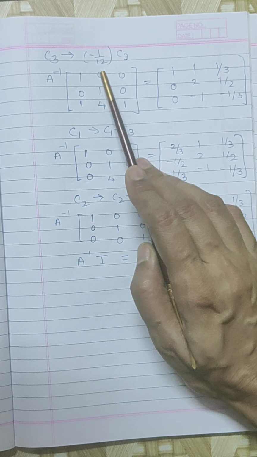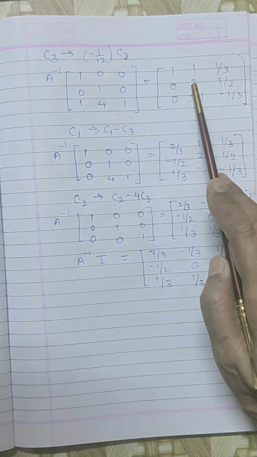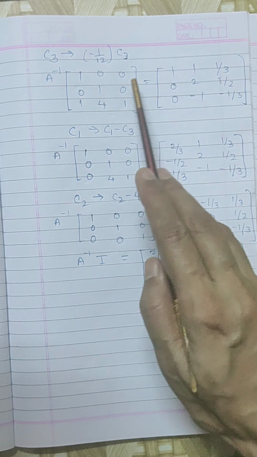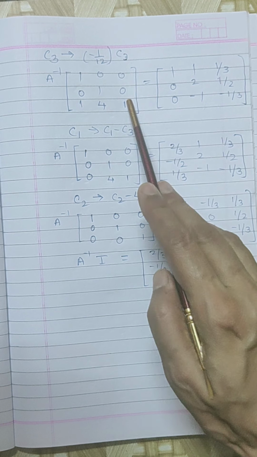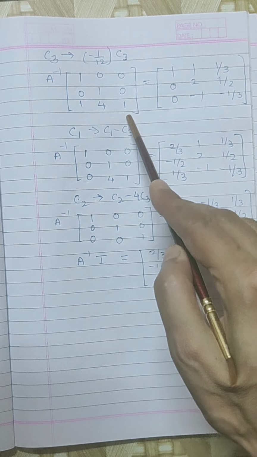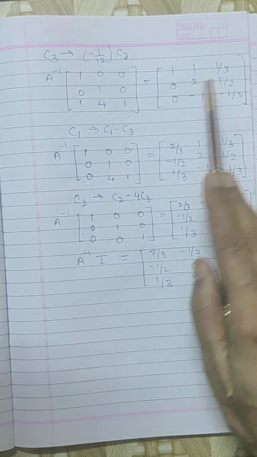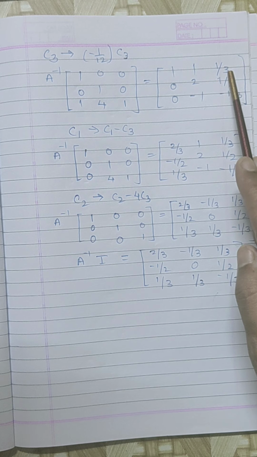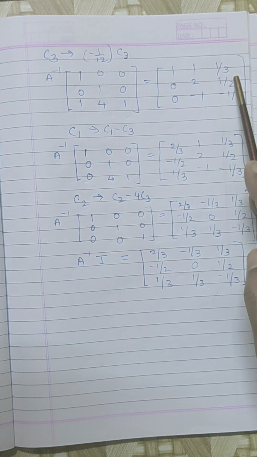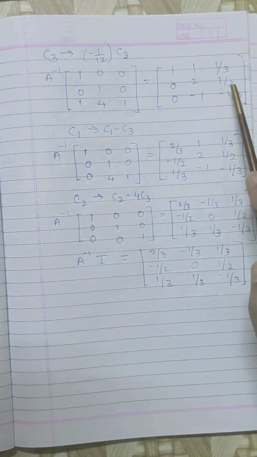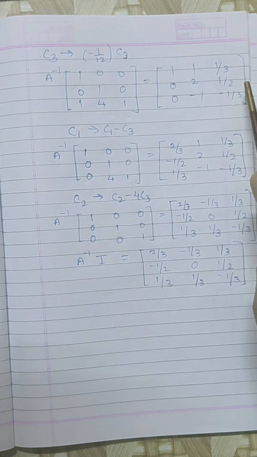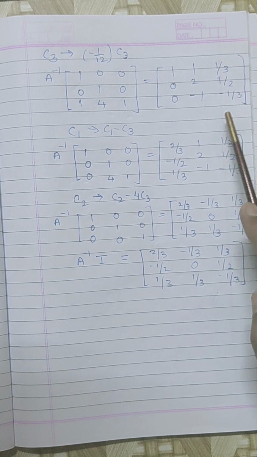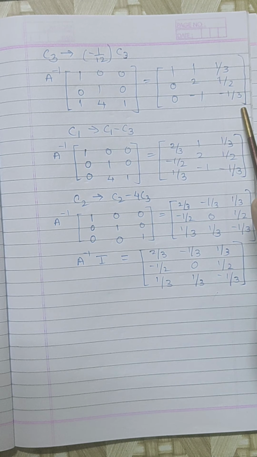So C1 and C2 as they are, and divide C3 by minus 12. So here no change, and here minus 12 upon minus 12 will be 1, and here minus 4 into minus 1 upon 12 is 1 upon 3, minus 6 into minus 1 upon 12 is half, and 4 into minus 1 upon 12 is minus 1 upon 3.